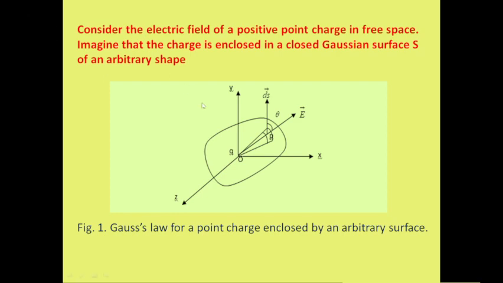Here is the charge Q enclosed within the Gaussian surface. In 3 dimensions we have taken x, y, z coordinates, and this is the arbitrary surface. We are going to choose a small area ds, which makes an angle theta with the field E. If we draw the perpendicular lines, that is given by the direction of the field and ds, the small elemental area.